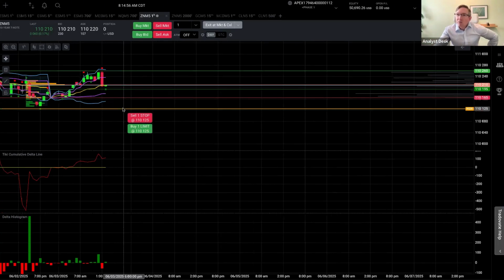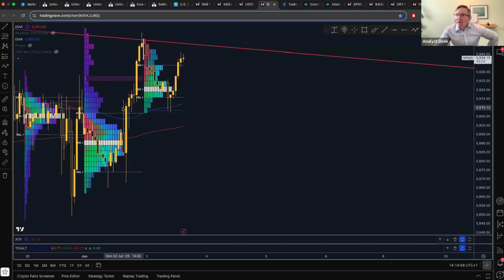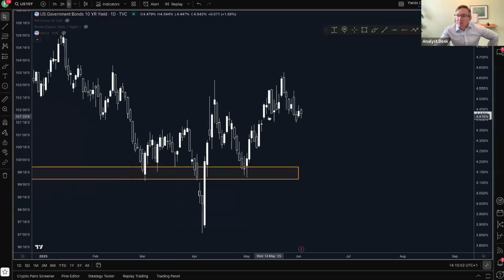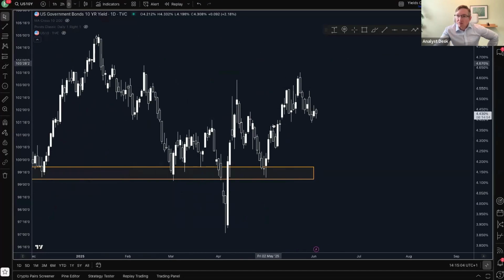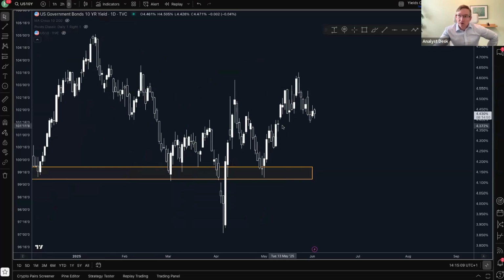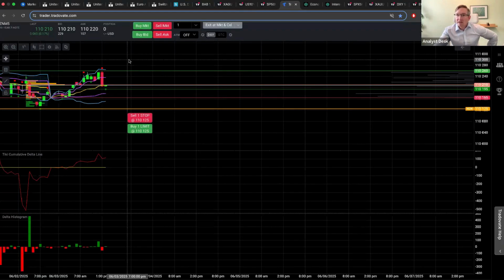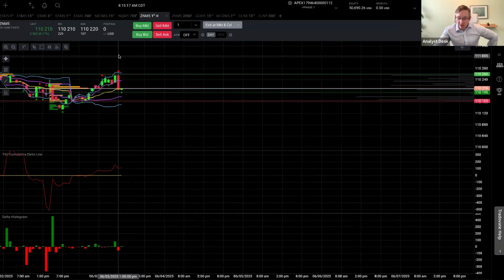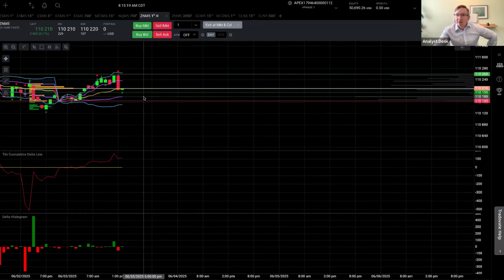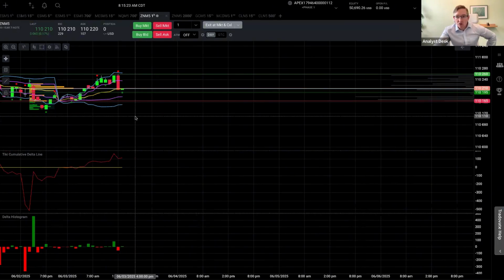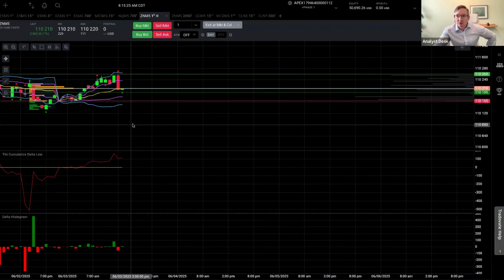So just remember the yield moves to where the market's expecting interest rates to go. The price of the bond moves exactly inversely to the yield. So very simply, if you believe rate cuts are coming, you buy bonds. If you believe rate cuts are not coming, then you sell bonds, right?